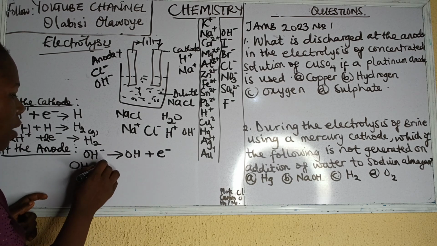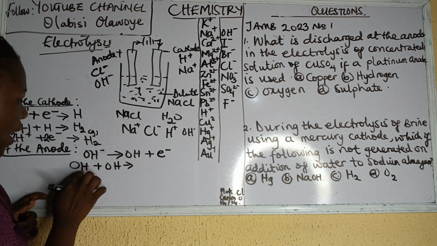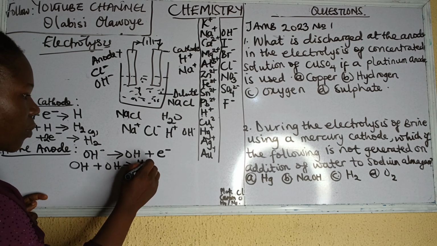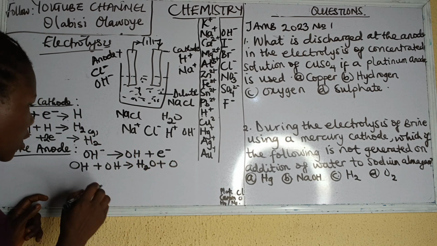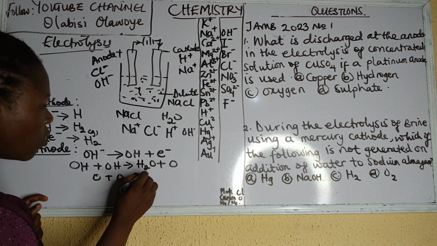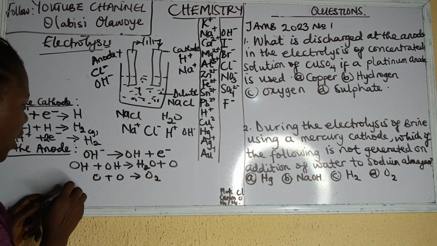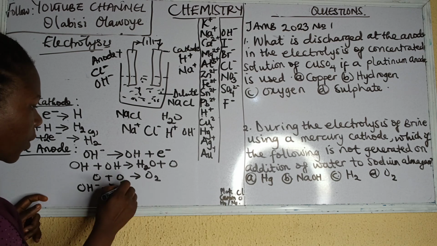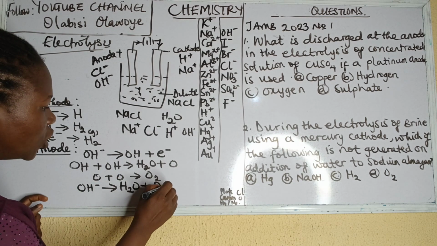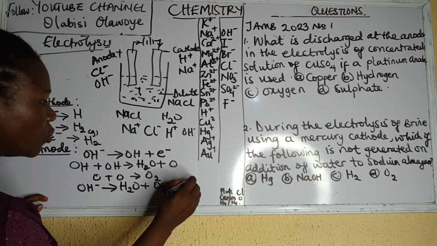So hydroxy combines with another hydroxy to give you H2O, and the remaining oxygen is written here. Oxygen is also diatomic, so we write it as O plus O to give you O2. So the overall equation here is OH- to give water, H2O, and oxygen, O2, and electron.